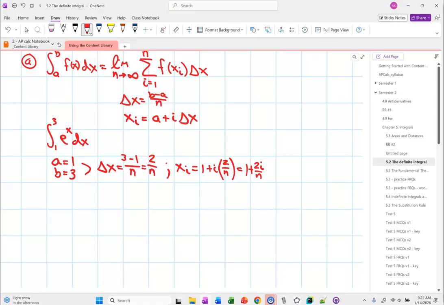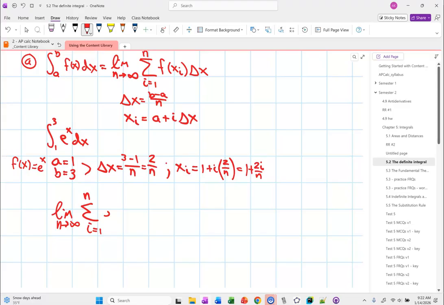So if I plug this in then, you have the limit as n goes to infinity of the sum from 1 to n of f, which in our case is e to the x.